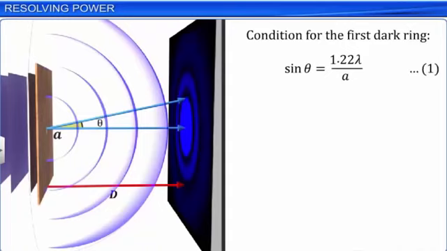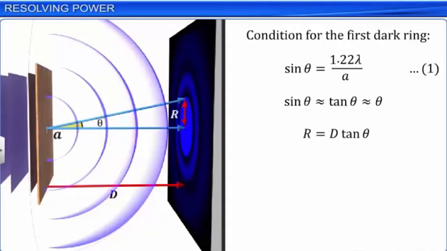For small angles of theta, we know that both sin theta and tan theta are approximately equal to theta. Since the screen is at a distance d from the aperture, where d is much greater than A, the radius of the first dark ring, r, is equal to d tan theta.